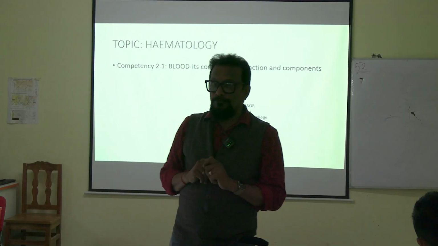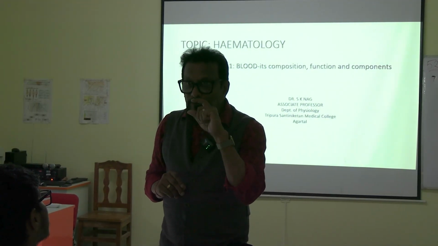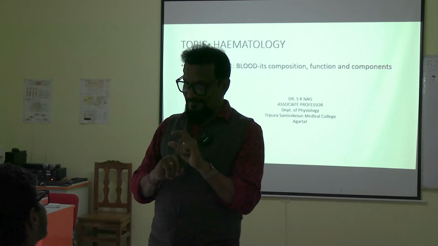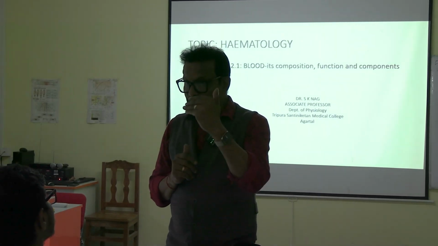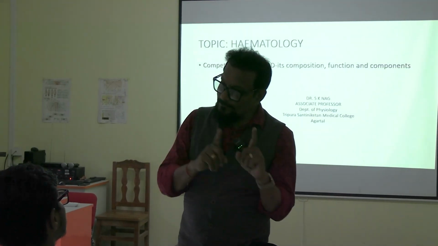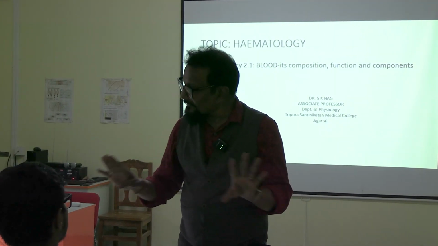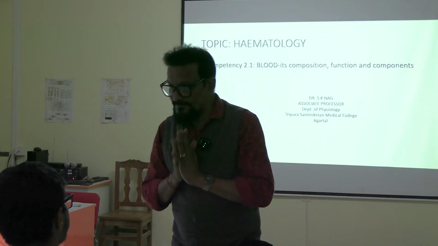If you take 100 units of blood, out of this 42 units are blood cells, RBC. So this is hematocrit. Hematocrit and PCV are the same. Both give the same information.